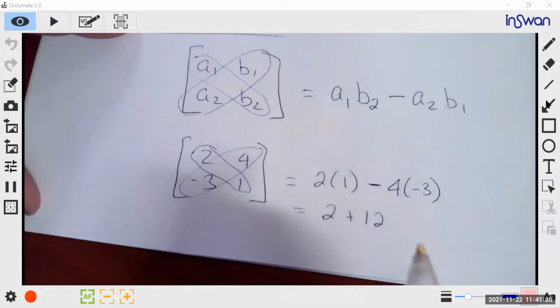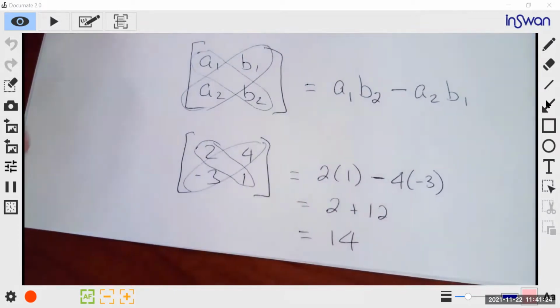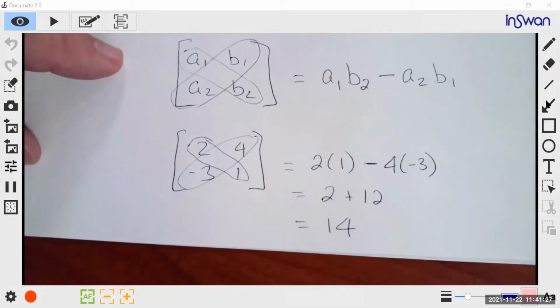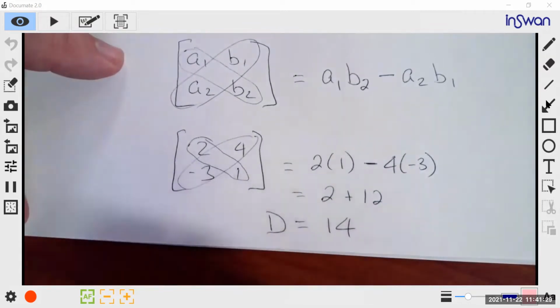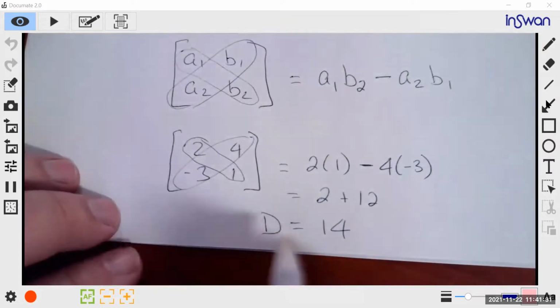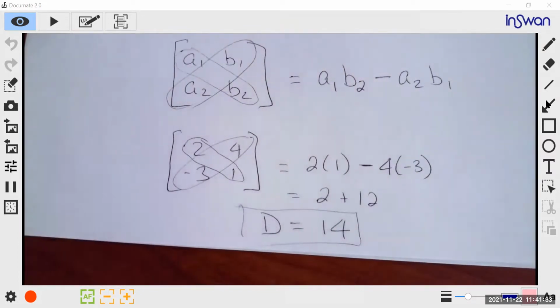Negative 4 times negative 3 is positive 12, so it equals 14. Since that's the main determinant of the equation, we call it D. So D is 14.